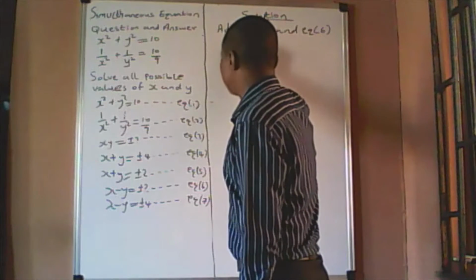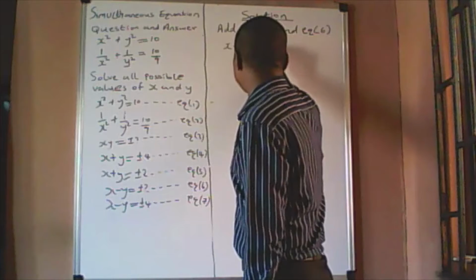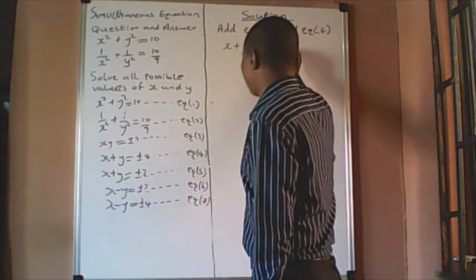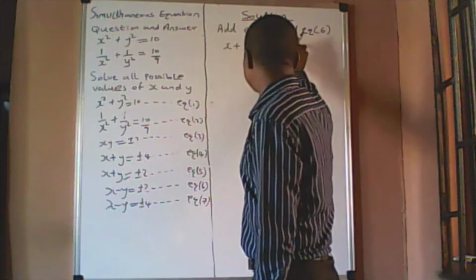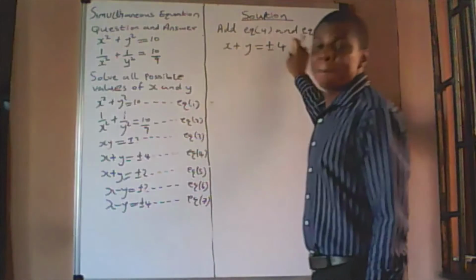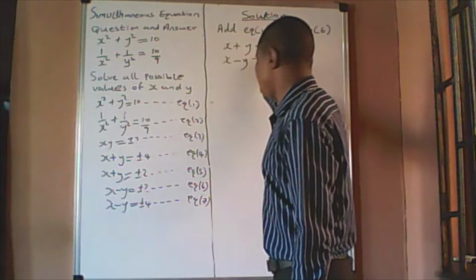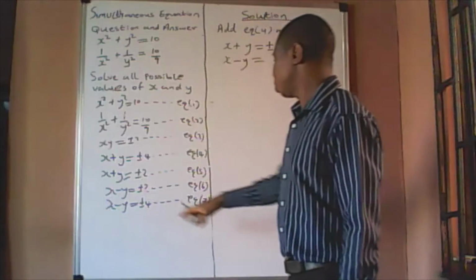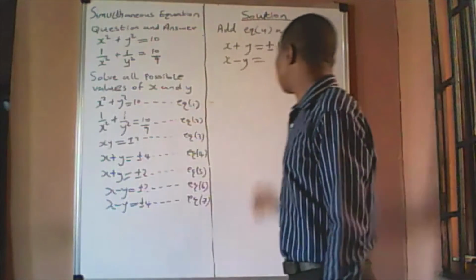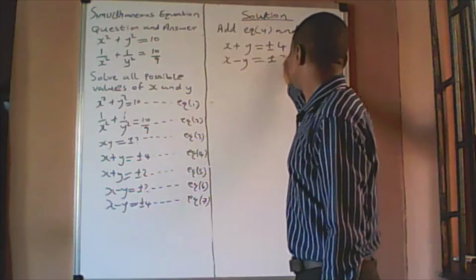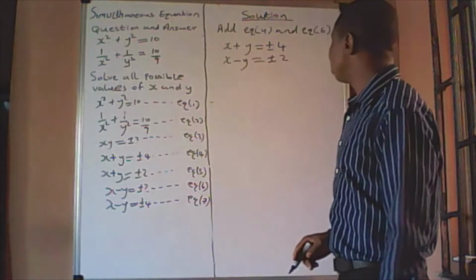x plus y equal to plus or minus 4. That is equation 4. Then x minus y equal to plus or minus 2. That is equation 6.